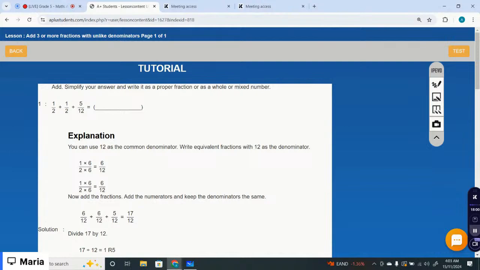You can see here the denominators are 2, 2 and 12. They are unlike denominators. So before adding, you have to make their denominators the same, right? You always make the smaller denominator equal to the greater one. So you have to make 2 equal 12. So 2 times what number is 12?